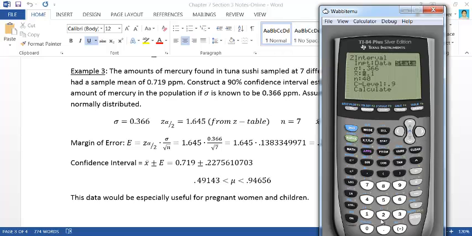Sample mean, 0.719. n is 7. And confidence level is 0.9 once again. So calculate, and then that gives us our confidence interval. And you can see that matches with what we did by hand here.